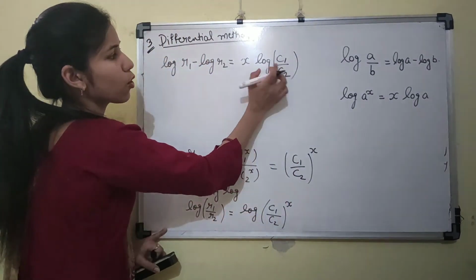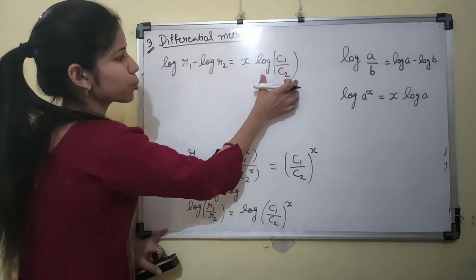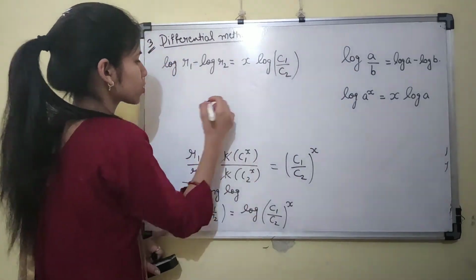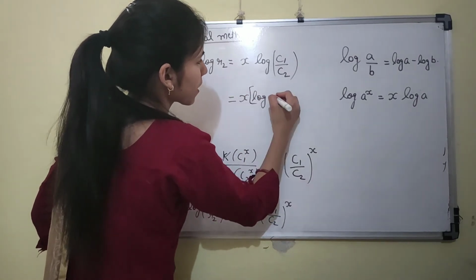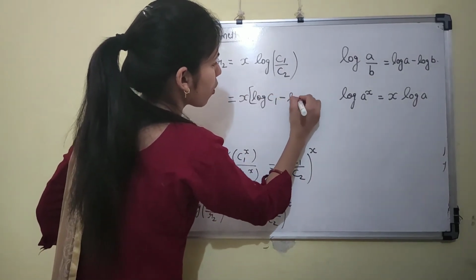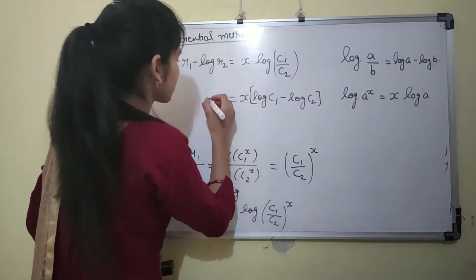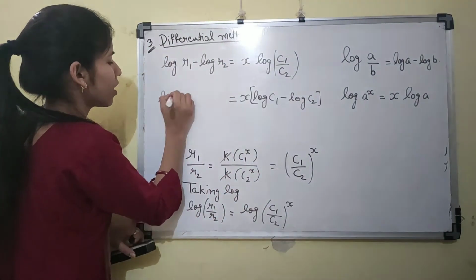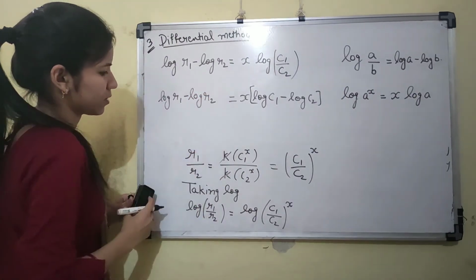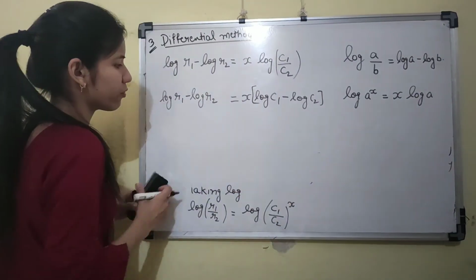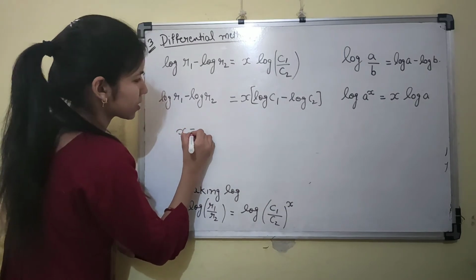Now this is log A by B, so put this rule in here. So this is x into log C1 minus log C2, and there is log R1 minus log R2. Now find the value of x from there.